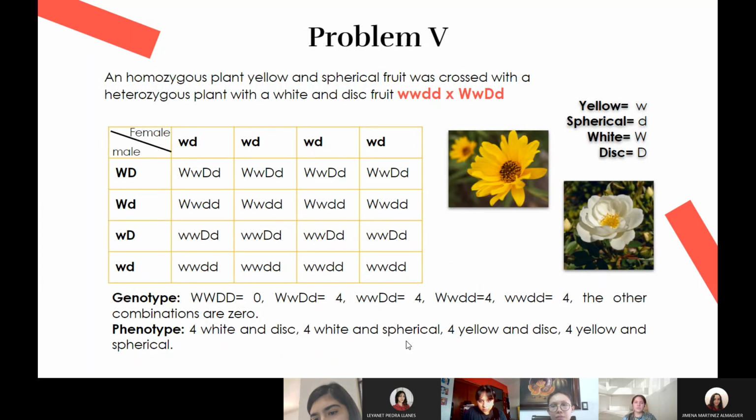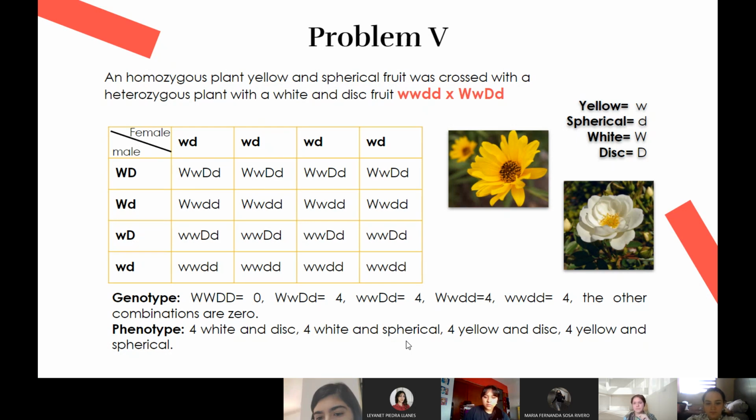Well, problem 5 used the same variables as problem 4, and it says that a homozygous plant with yellow and spherical fruit was crossed with a heterozygous plant with white and disc fruit. Here we can see the relation with the lowercase wwdd and then the uppercase WD and lowercase wd. The variables are the color and the form.